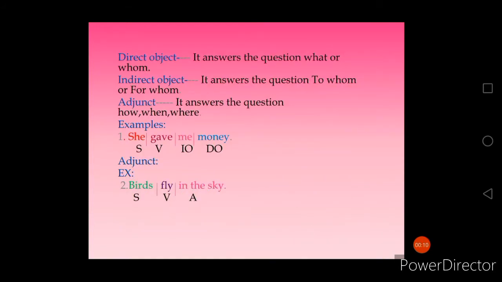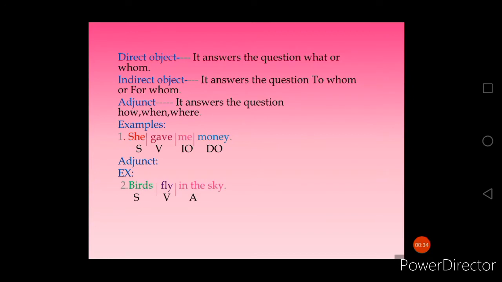Okay students, what is a direct object, indirect object and adjunct? First one, direct object. This direct object answers the question what or whom. Okay students, in a sentence, this direct object answers the question what or whom. And then indirect object.